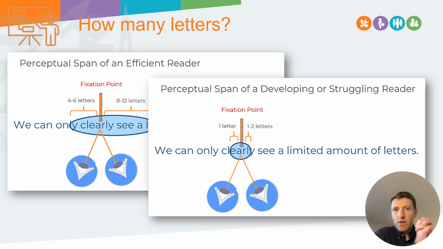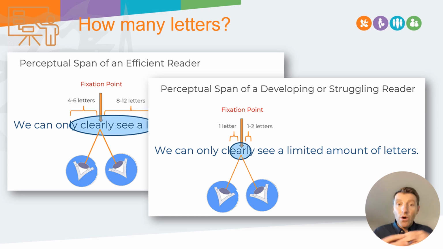Another thing to be mindful of here is this thing called perceptual span. So as we read, we, as adults, as efficient readers, can see based on where we put our eyes. So perceptual span is the idea of where your eyes are and how much of the word or the sentence you're reading.